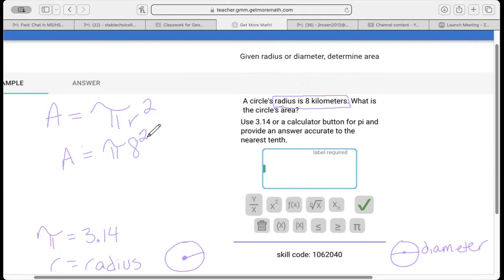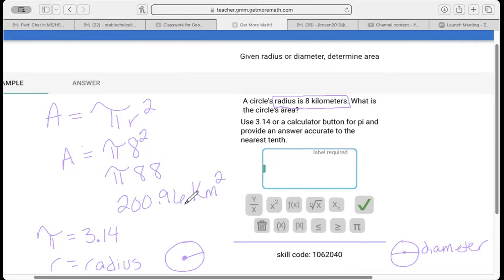Don't think that this is 16. If you need to rewrite this, you could do it this way as well. Pi times 8 times 8, if that helps. 8 squared means 8 times itself, right? So it's 8 times 8 times pi. And I'm just going to put 3.14 in my calculator. And that gets me 200.96. And this is going to be kilometers squared.